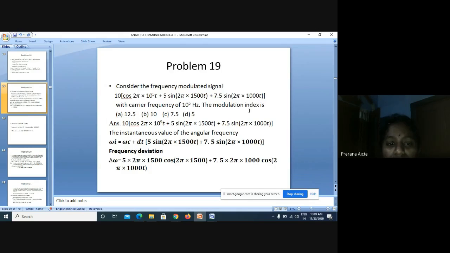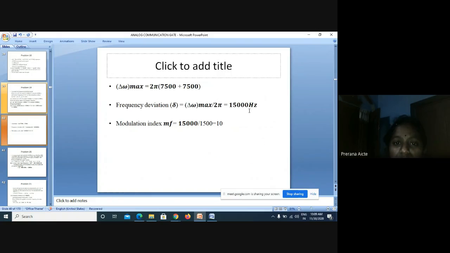Then we need to find out what the modulation index is. You all know what the modulation index is.